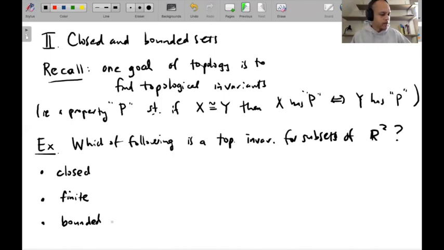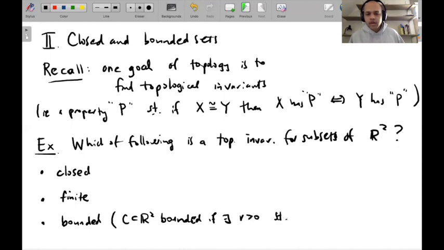Bounded means: we say C in R2 is bounded if there exists some R so that C is contained in the ball of radius R around the origin. So a set is bounded if you can fit it in some large ball.